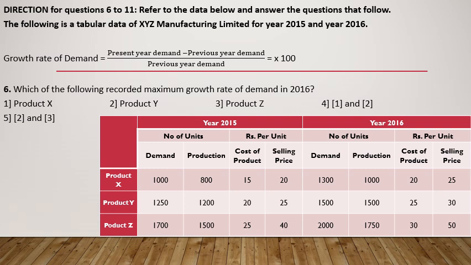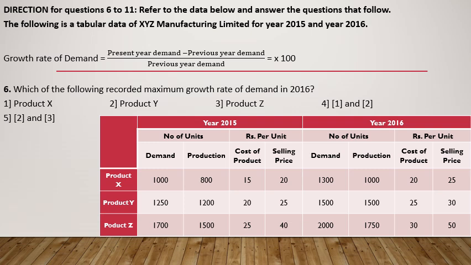We are looking at the formula of growth rate of demand, that is present year demand minus previous year demand divided by previous year demand multiplied by 100. If we check product X, that is option number 1, present year demand is 1300 minus previous year demand 1000, divided by previous year demand multiplied by 100.